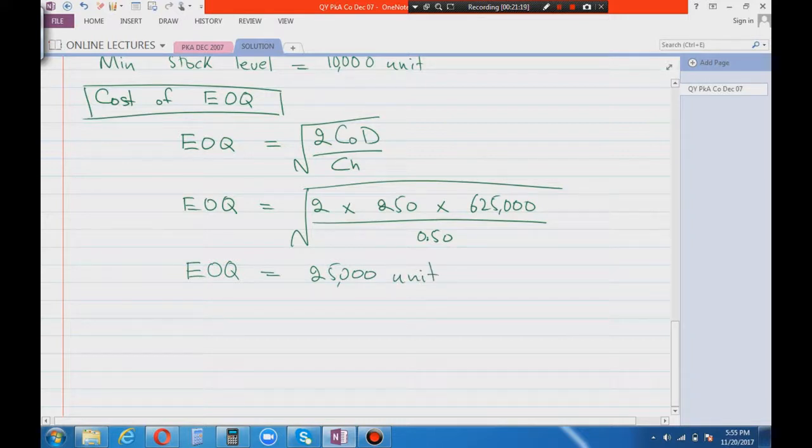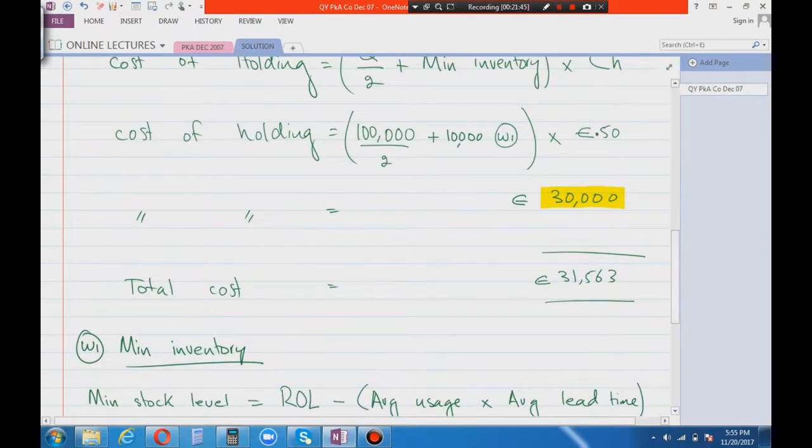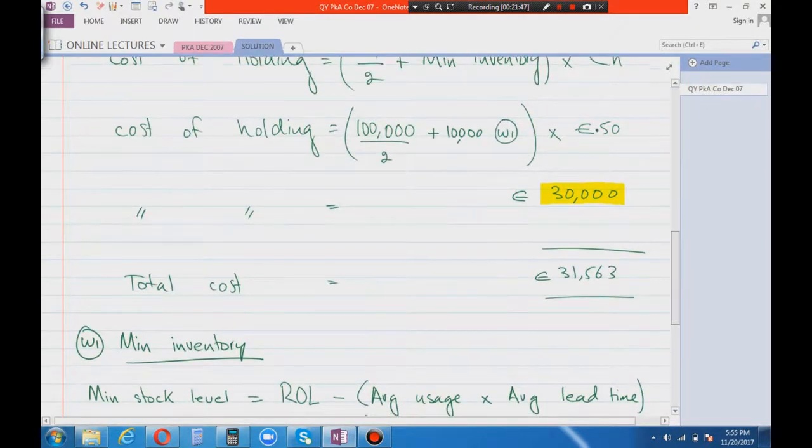Let me remind you that currently we are ordering 100,000 units in one order, and economic order quantity suggests that we should order 25,000 units. Well, if you order less, obviously your number of orders will increase and your ordering cost will increase, but your holding cost will decrease. And holding cost, as we calculated above, was 30,000 if you order 100,000, right?